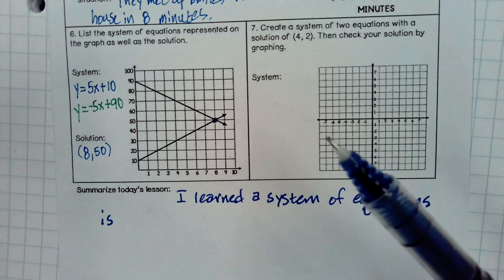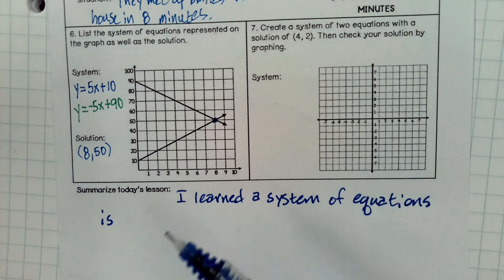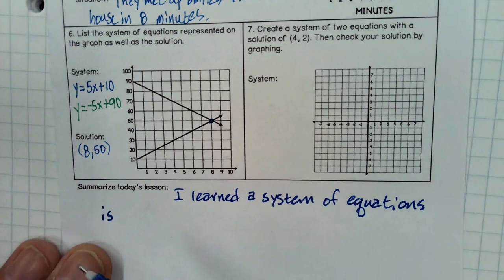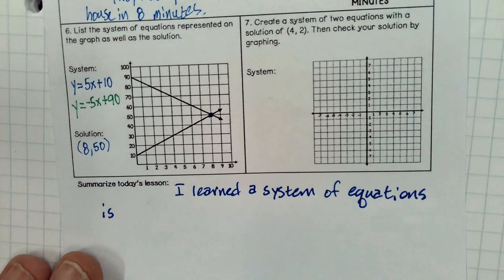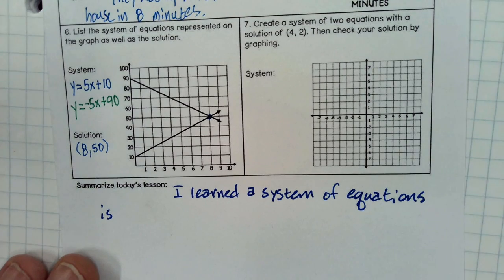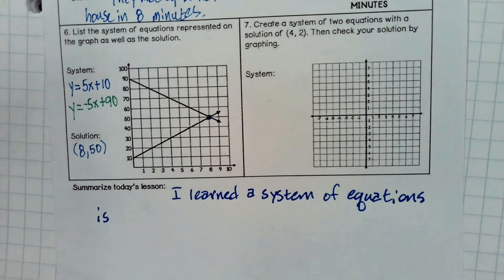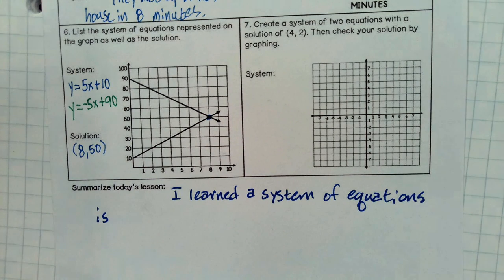So it's when you have two or more, well, it could be any type of equations, but when you have two or more equations and you're looking for where they intersect, there you go. That's basically what a system of equations is. When you have two or more equations and you're looking for the solution, which is the intersection point. Okay.